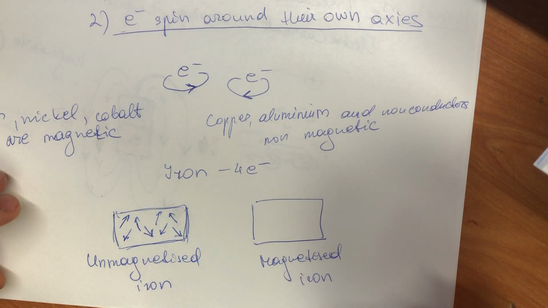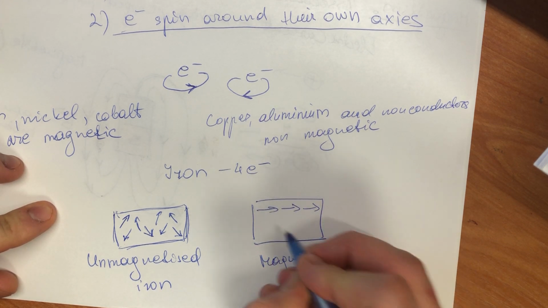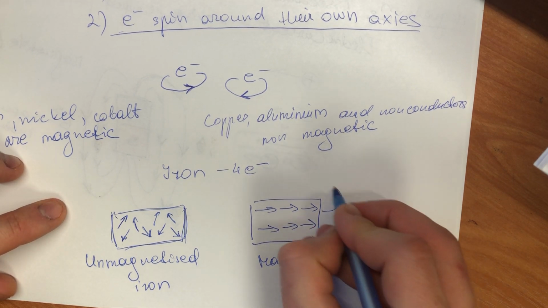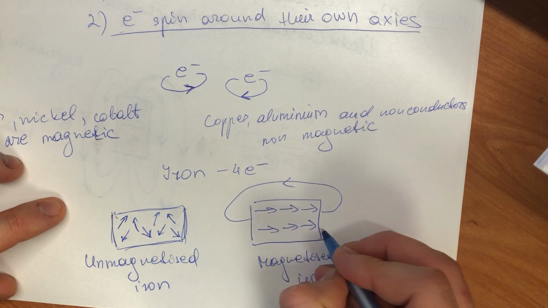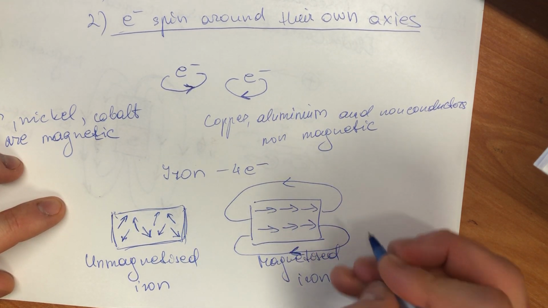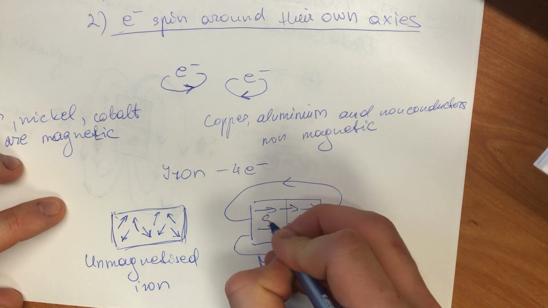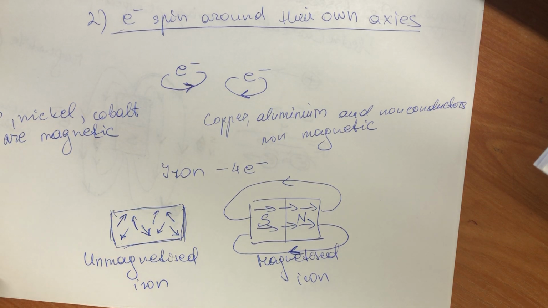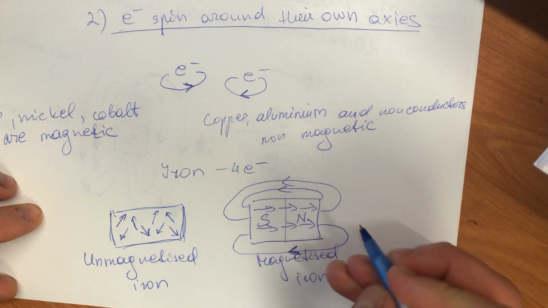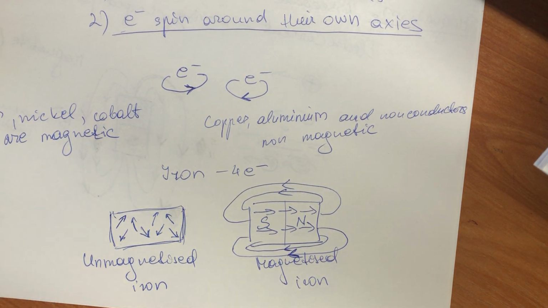In magnetized iron, the domains align, so they create a magnetic field. This would be North Pole, this would be South Pole. The lines go from north to south. So that's what happens.